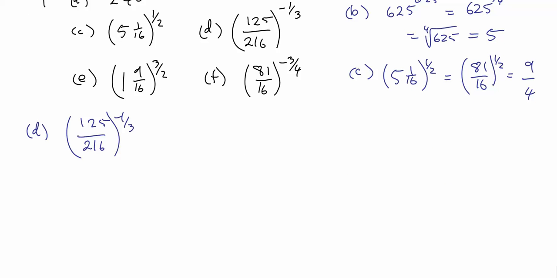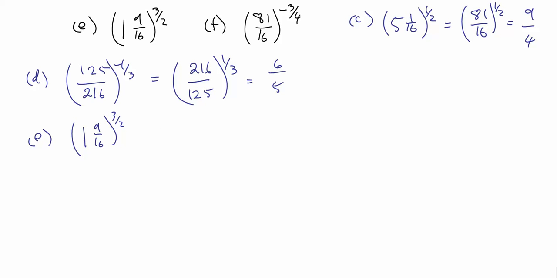Part D, 125 over 216 to the minus a half. Well, when you see minus, turn the fraction upside down, we need the reciprocal. So we've got the square root of 216 over 125, which is 6 over 5.